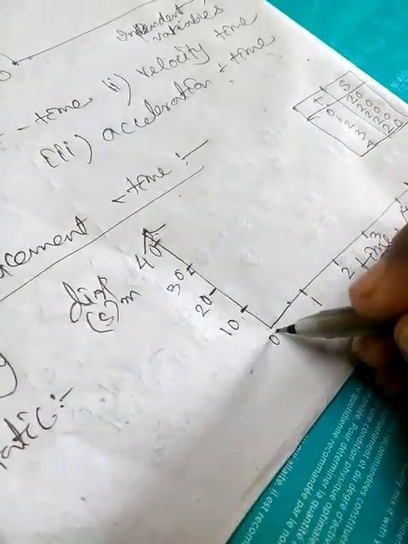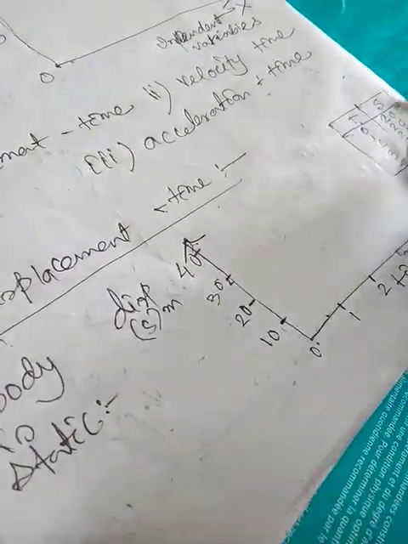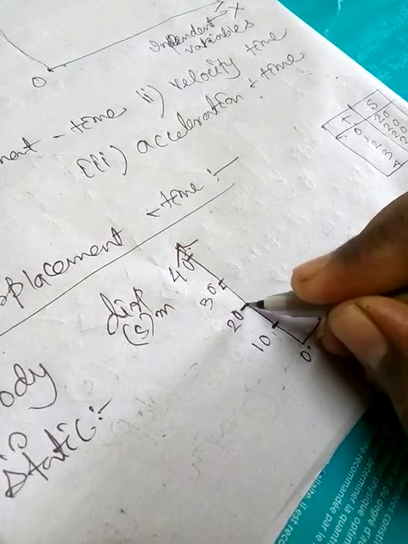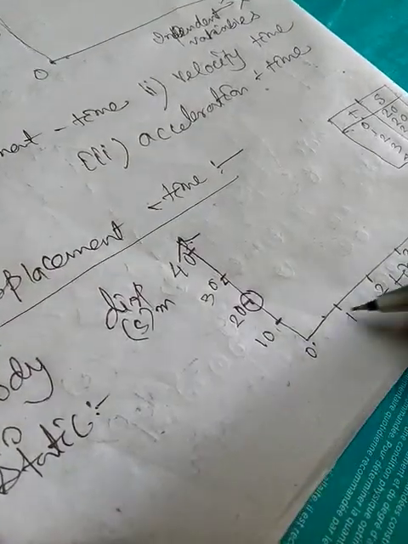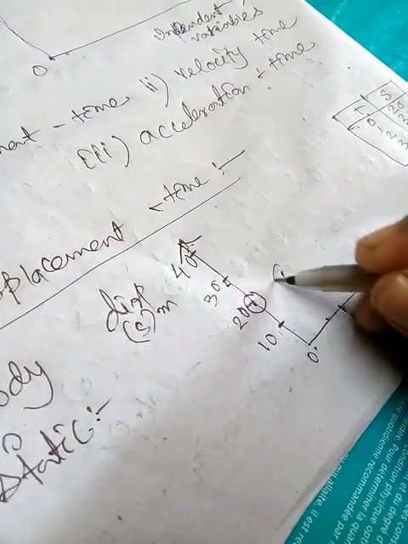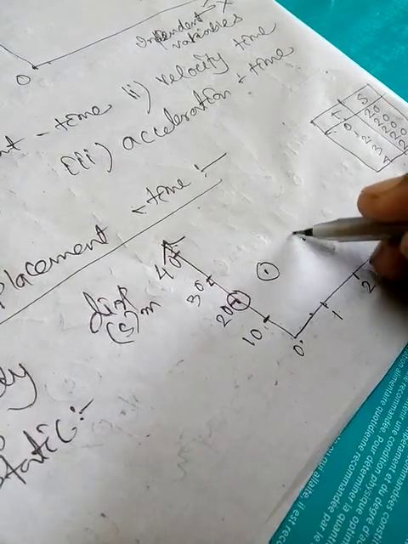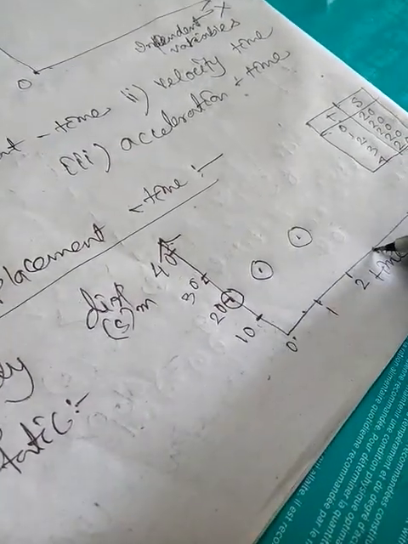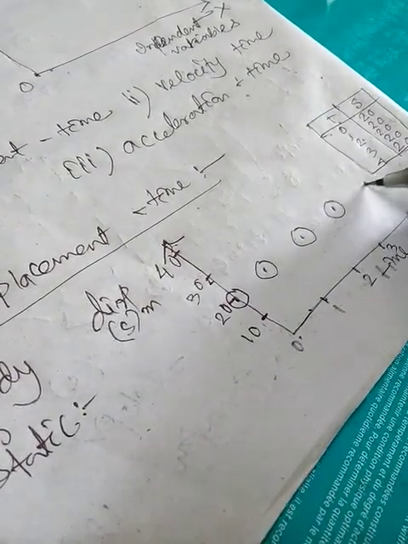When we start our observation, the body is static at 20 meter. In 1 second it is also 20 meter, in 2 seconds it is 20 meter, in 3 and in 4 seconds it is also 20.